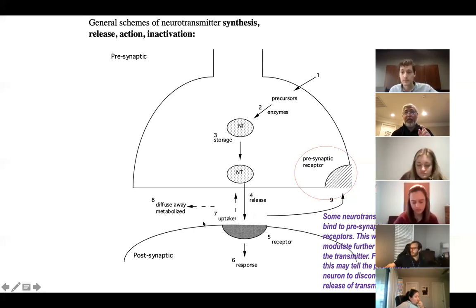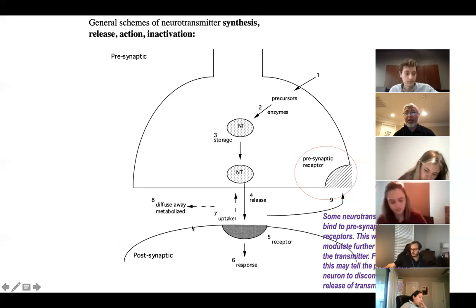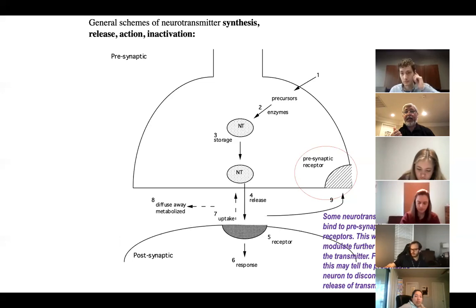When you bind to the receptor, eventually it's a movement of ions, right? If your postsynaptic membrane has receptors that, when activated, open ligand-gated sodium channels, they will open sodium channels, so the membrane will be depolarized, right?